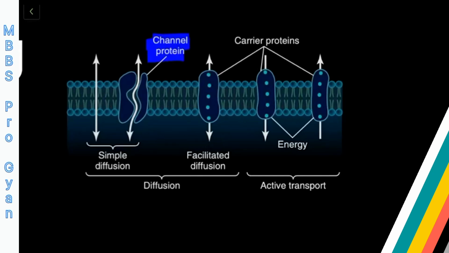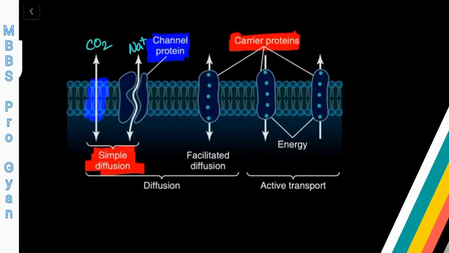This is a channel protein. With the help of a channel protein or without it, if the molecule is transported through the cell membrane, like for example carbon dioxide, oxygen, sodium, what type of diffusion are they? They are simple diffusion. Now look at the carrier protein.